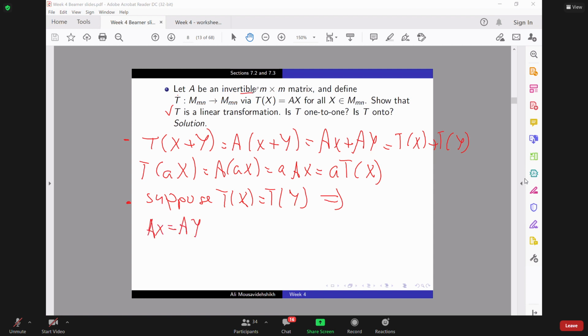This is where invertibility comes into play. By the way, I emphasize this a lot: if A is not invertible, this will not necessarily imply X equals Y. But because A is invertible, I can multiply both sides by A inverse.